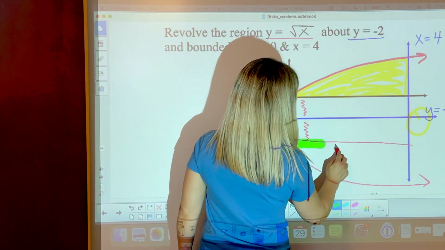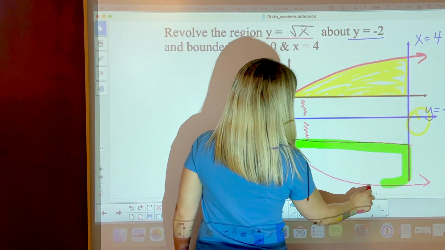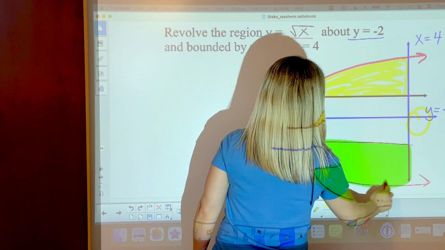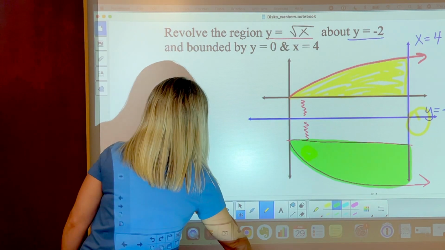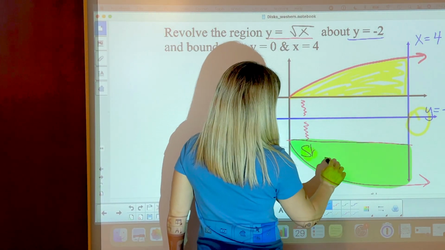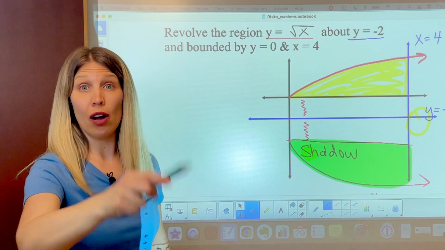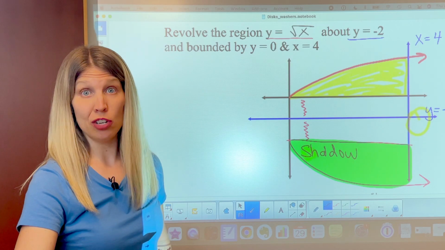So here is the space that I like to call the shadow. This is what I call the shadow of what is being flipped around that axis of rotation.